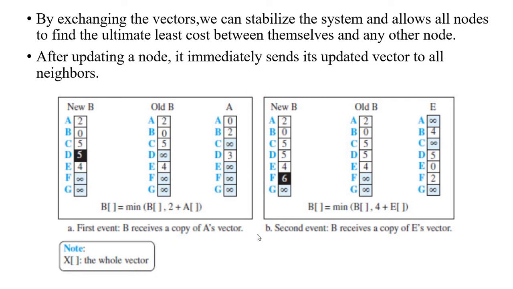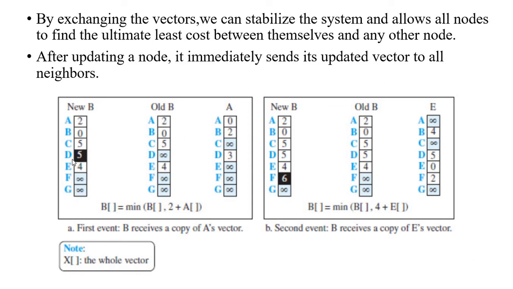For example, here the table available for node B is this one, and now it is getting the table from A. So A's vector table is received by B, and after getting the data from A it is updating.